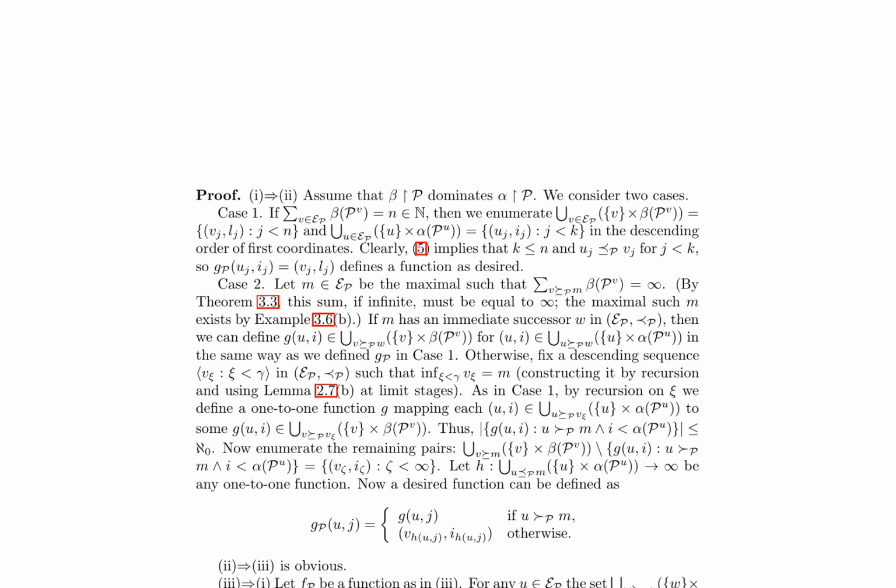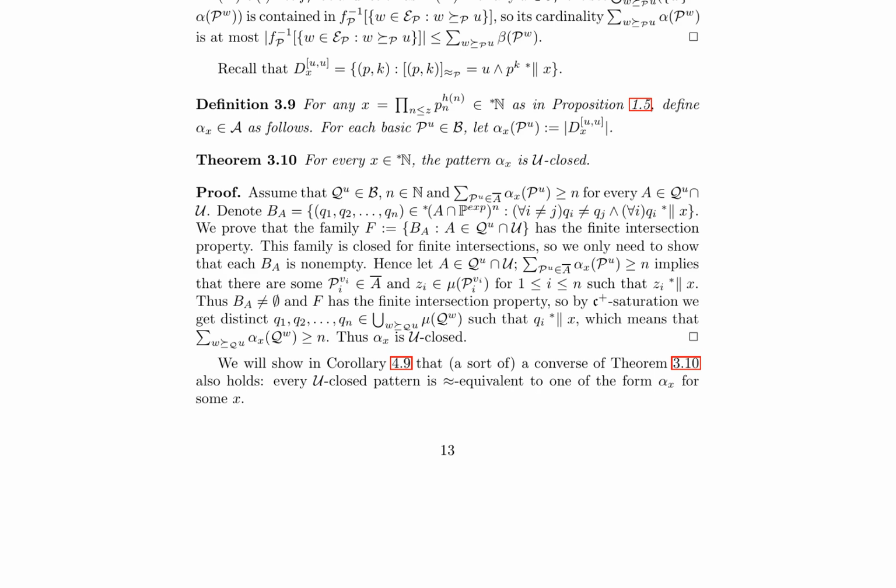The implication from condition E to condition E is straightforward, and the implication from condition E to condition I is shown by constructing a function fp that satisfies condition I.